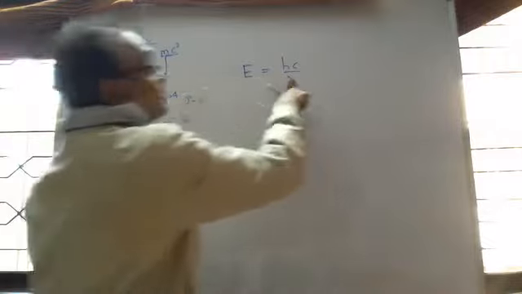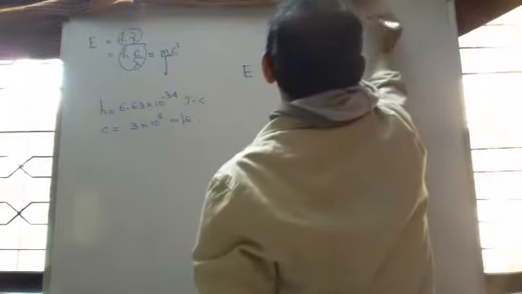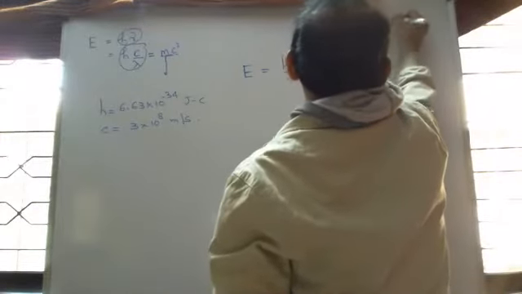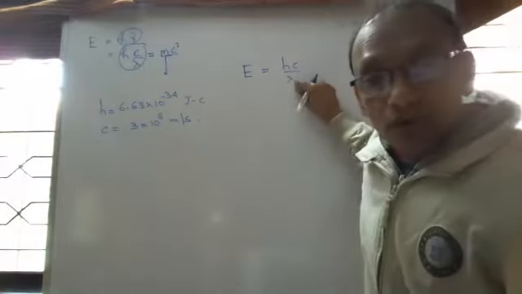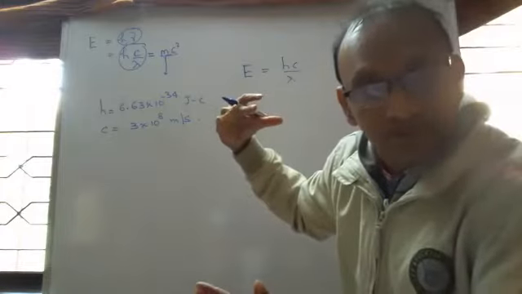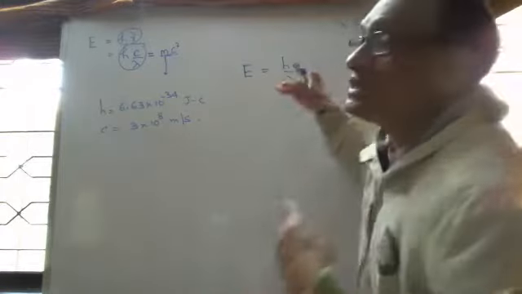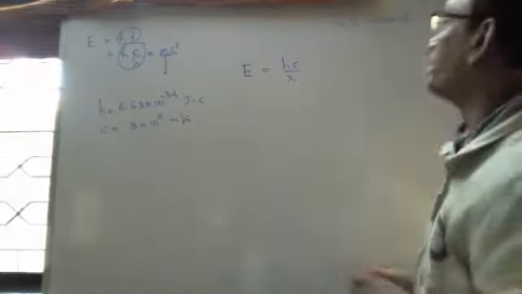And lambda is the wavelength of the wave. The lower the wavelength, the higher the energy of the photon of the wave. Low wavelength means high frequency, high energy, right?